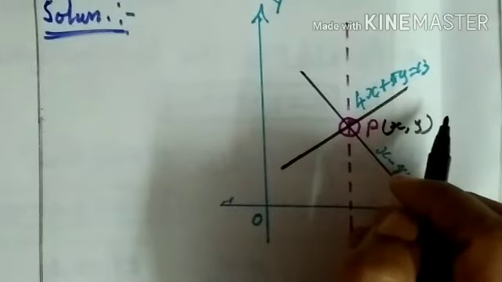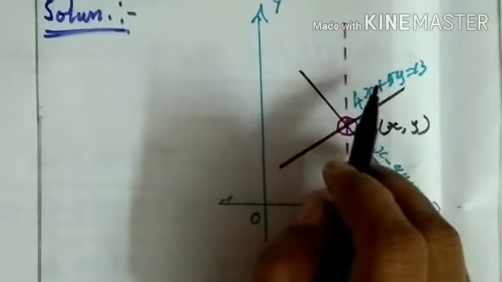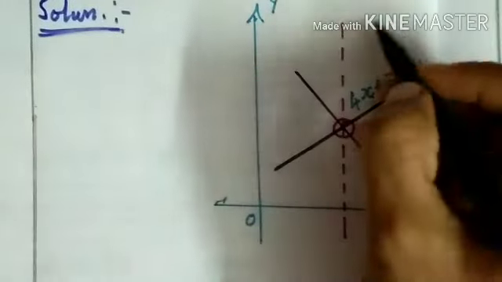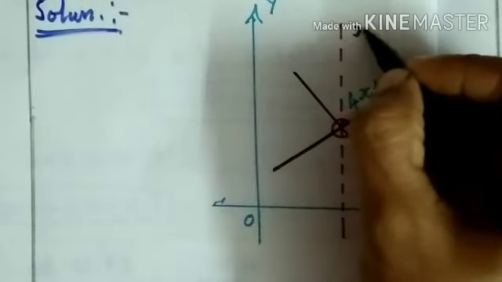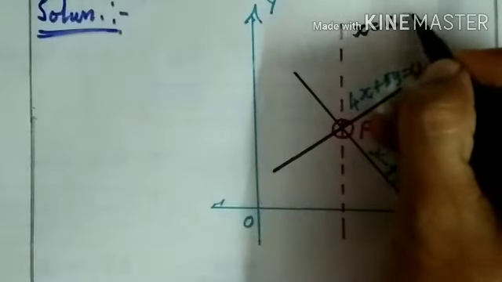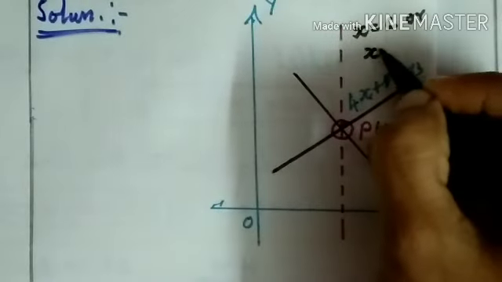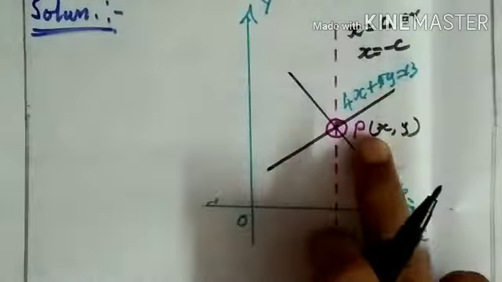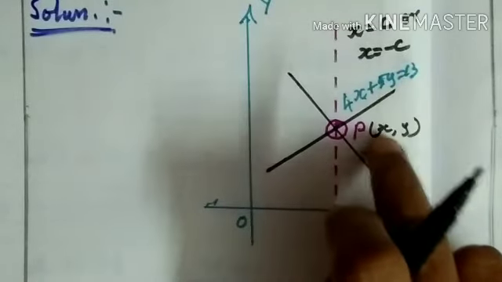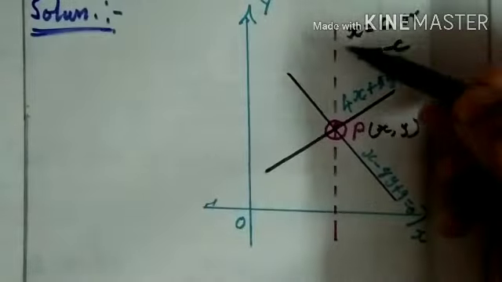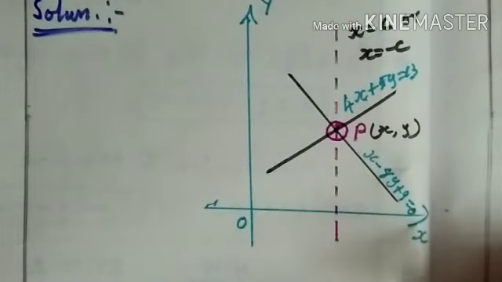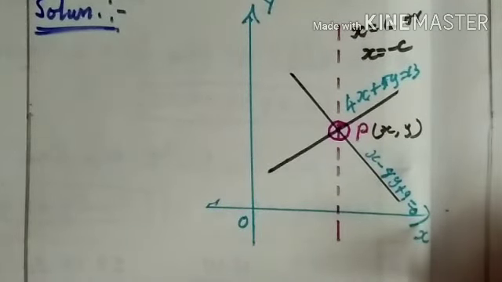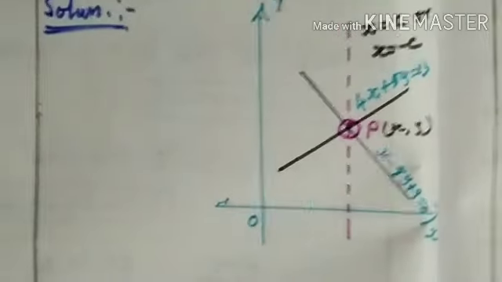When a straight line is parallel to y-axis, the equation formula is x is equal to c or x is equal to minus c. We have to apply this point in the formula, means we get the required equation of a straight line which is parallel to y-axis. Let us do the solution.